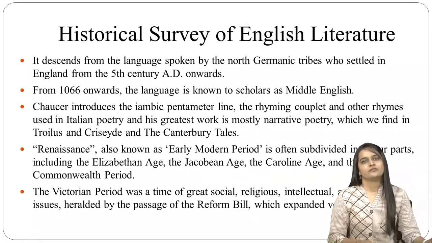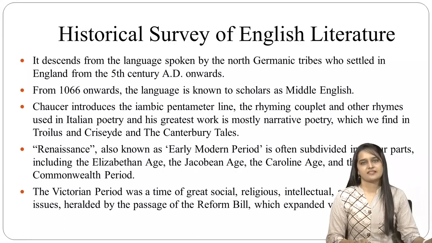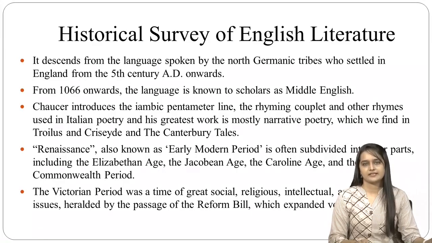From 1066 onwards, the language is known to scholars as Middle English. Ideas and themes from French and Celtic literature appear in English writing at about this time. But the first great name in English literature is that of Geoffrey Chaucer.